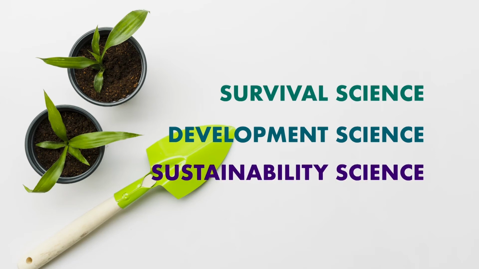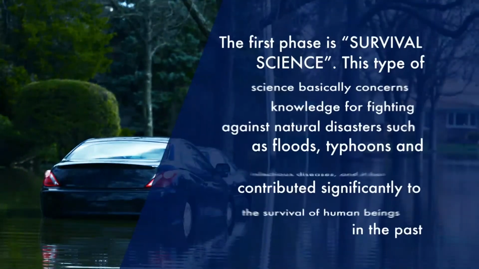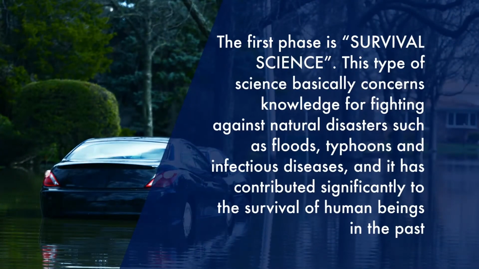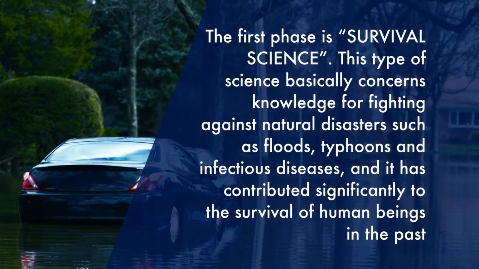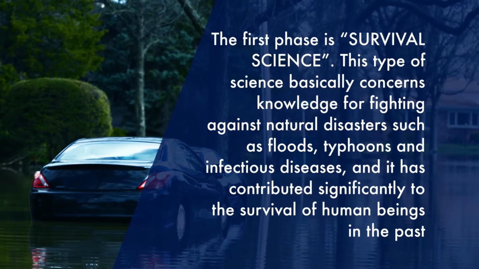Survival science is the first phase. This type of science basically concerns knowledge for fighting against natural disasters such as floods, typhoons, and infectious diseases, and it has contributed significantly to the survival of human beings in the past.